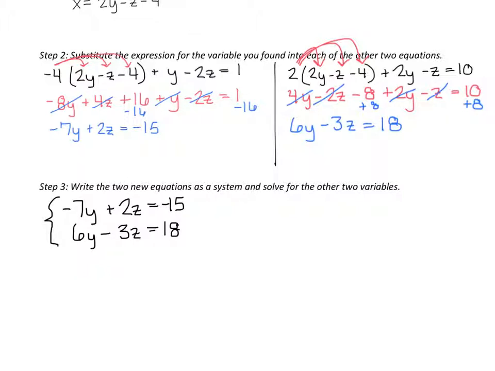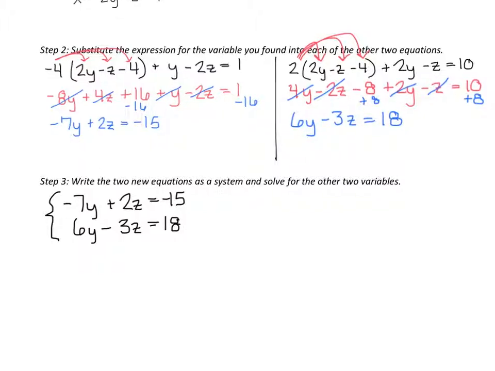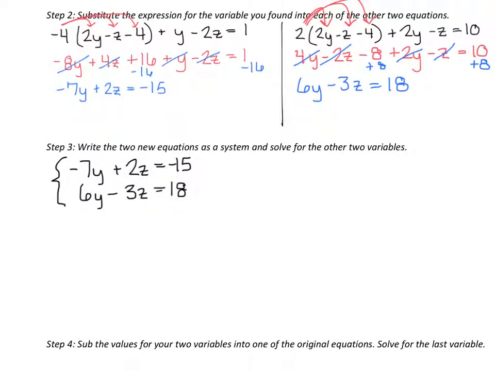So pick out one of those equations and we're going to solve for one variable. Which equation do you want to use? The top one? Okay. From negative 7y plus 2z equals negative 15, which variable do you want to solve for? Y? Okay.